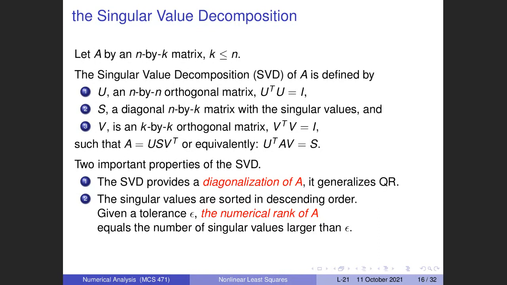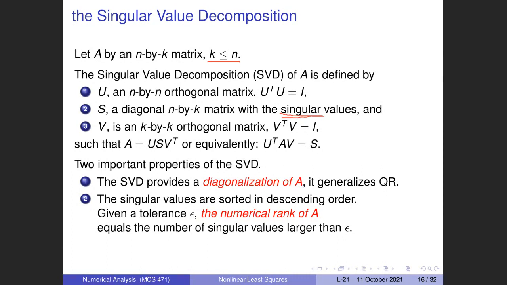So no multiplicities, no singularities. The singular value decomposition, as the word says, what you actually compute is a sequence of singular values of a matrix that typically has fewer columns than rows.